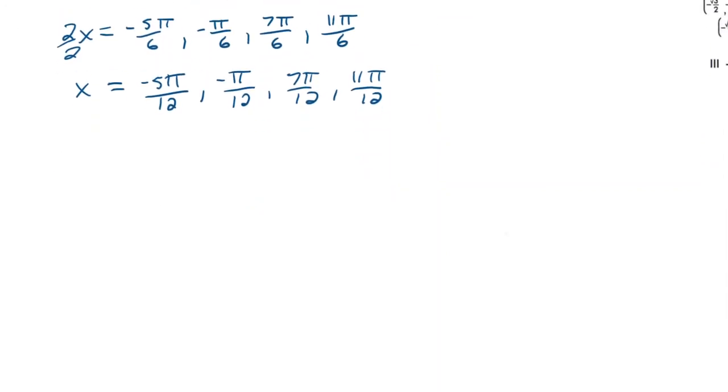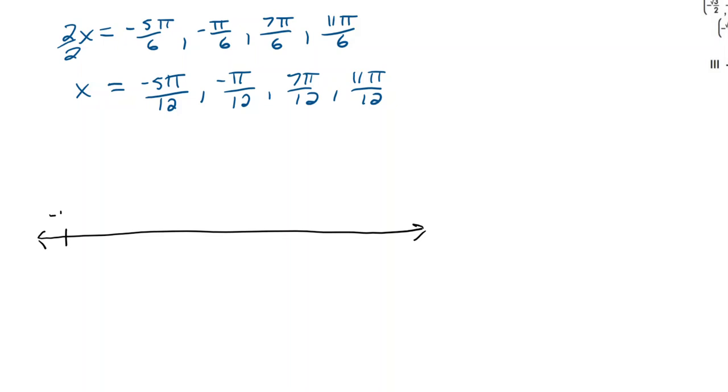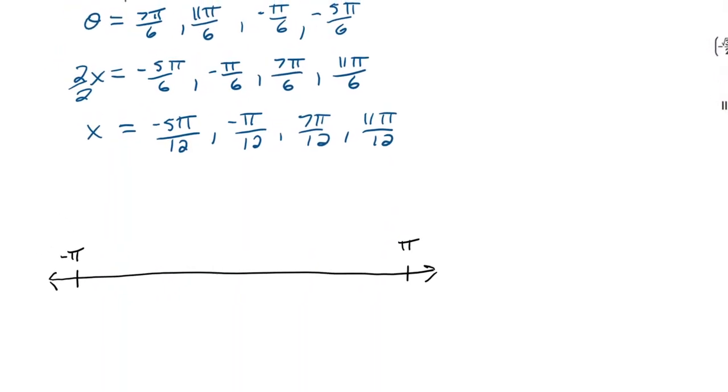All right, so now let's sketch our line with our numbers on it. So this will be negative pi, and I'll have pi over here. That's our interval. This doesn't have to be accurate, but just to get my bearings, I'm going to put 0 right in the middle. Negative pi over 12, to the left of this, is just past it.